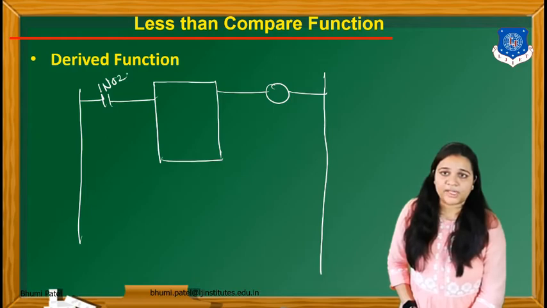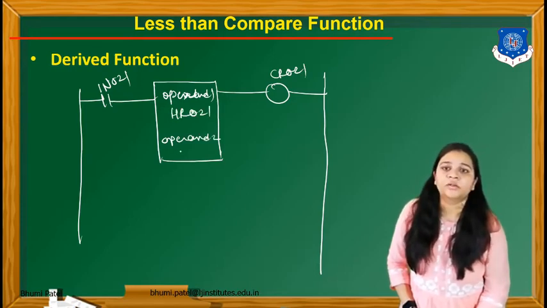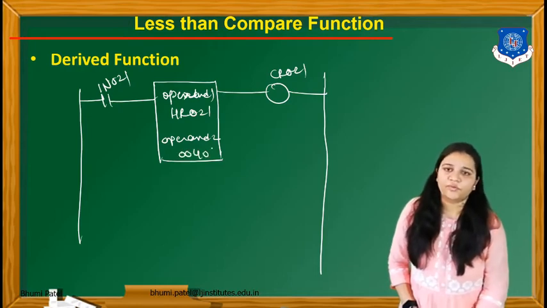The name of the input is IN021, and suppose the output is CR021. In this block we take operand 1 and operand 2. Suppose this is my HR021 and suppose the number is 40.